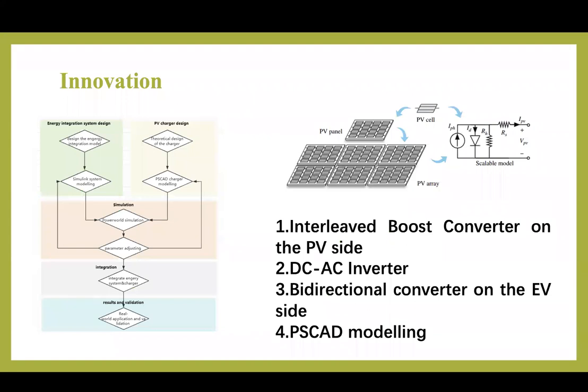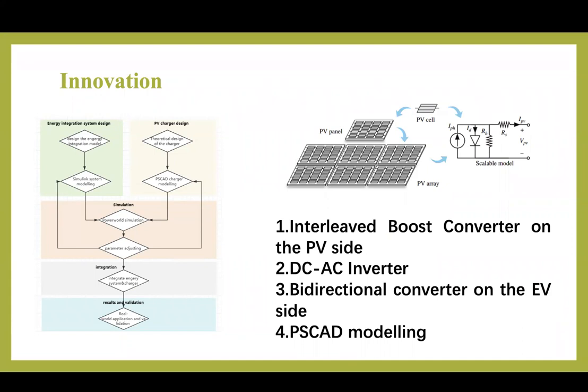We need to model the PV models using MATLAB, as shown in pictures. A PV panel consists of hundreds or even thousands of PV cells, which can be simply simulated by a current source. But since the output of PV cells is considerably influenced by temperature, sunlight, and shading, the output curve of PV panels is different with the geographic location.